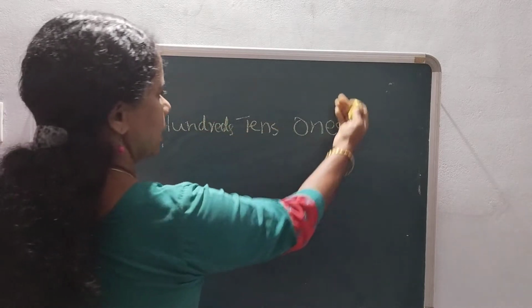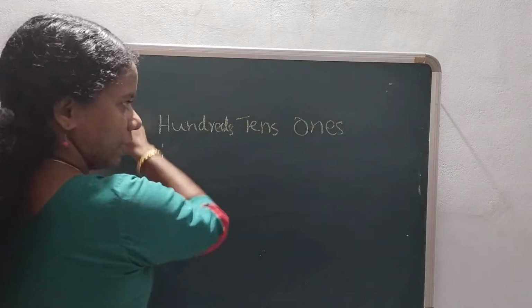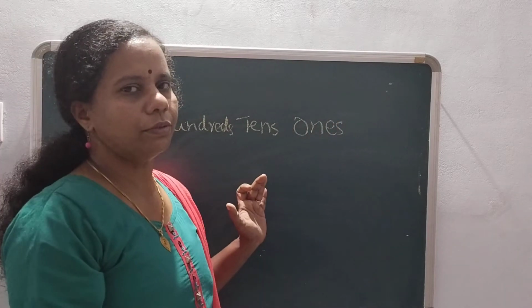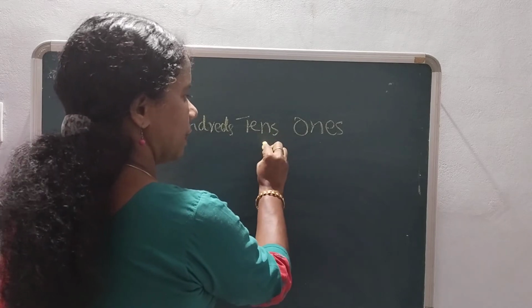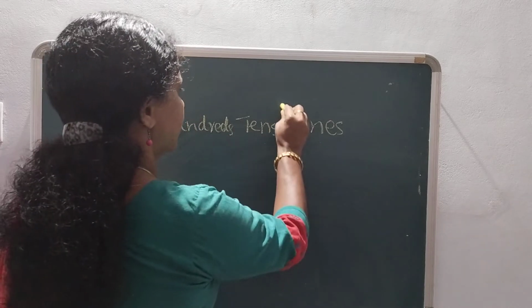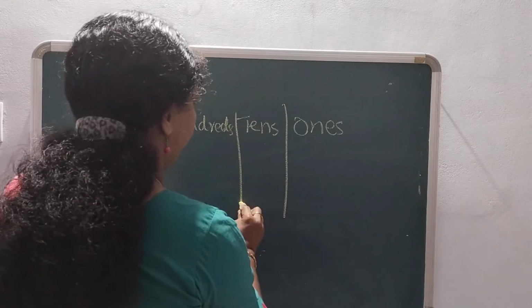We know, isn't it? From right to left it is increasing, with the multiplication of 10: ones, tens, hundreds. That we know, isn't it?